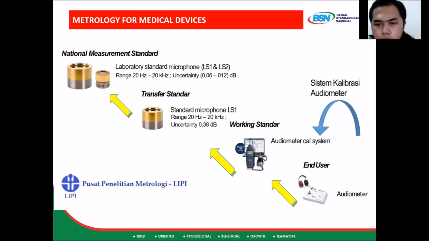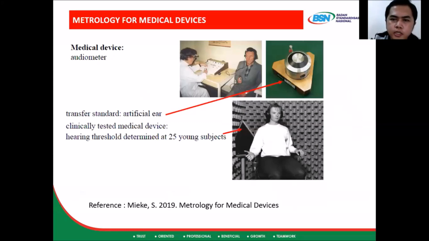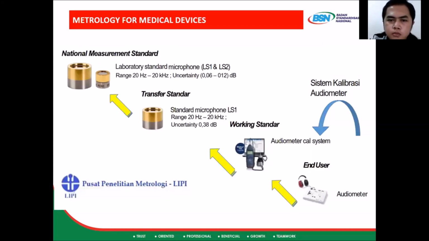In our institution, we also try to develop the traceability. My colleagues in the acoustic and vibration laboratory also design the artificial ear, which is traceable to their standard, the transfer standard microphone LS1, then traceable to their primary standard, which is the laboratory standard microphone, with the range of human hearing, 20 to 20 kilohertz.